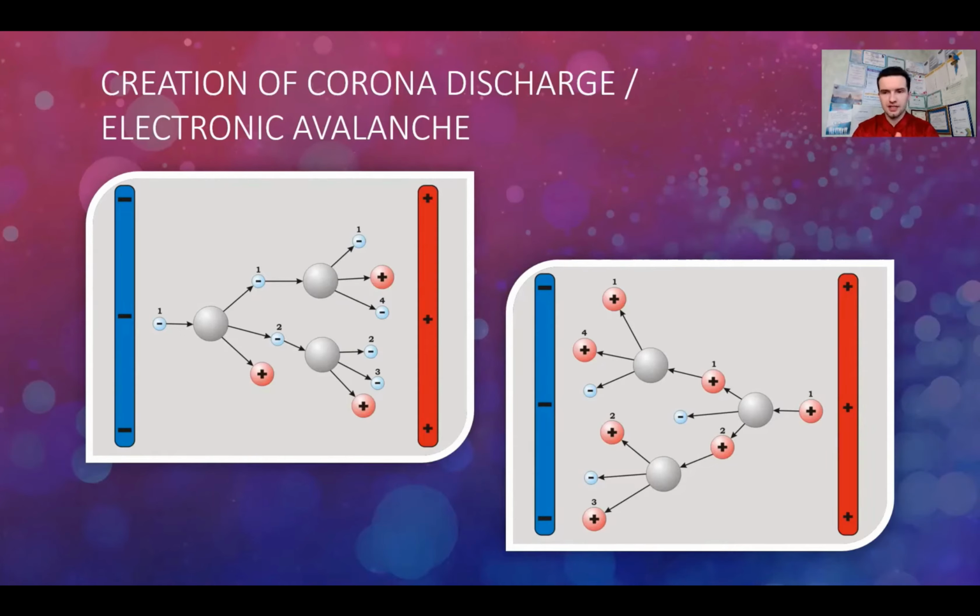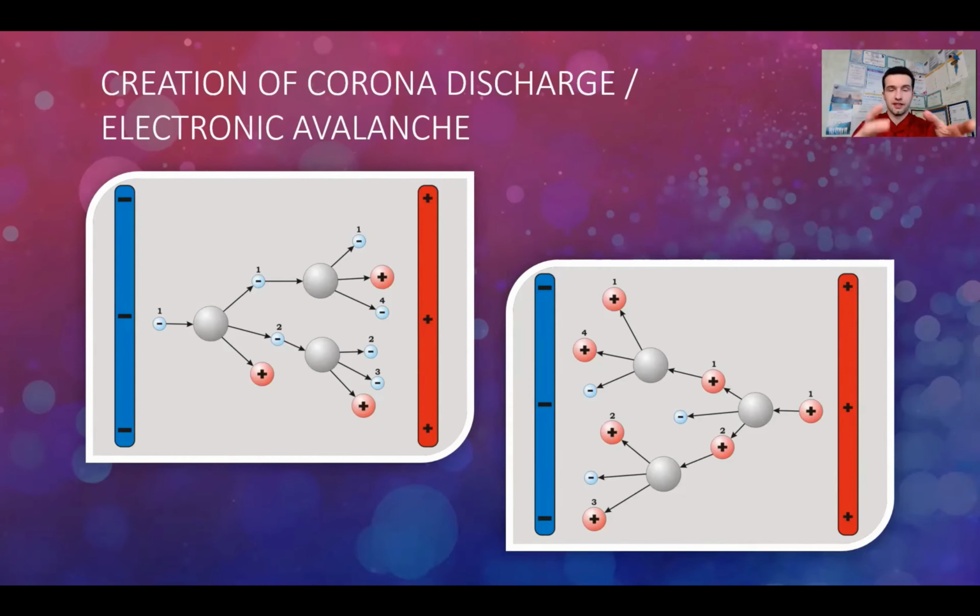And as you can see on the second scheme, this same process is going on in the opposite direction, where the positively charged ions are flying towards the negatively charged electrode. So just because of the flow in opposite directions, the negatively charged ions and positively charged ions, like electrons and protons, an electric current appears in the air, the so-called electronic avalanche.